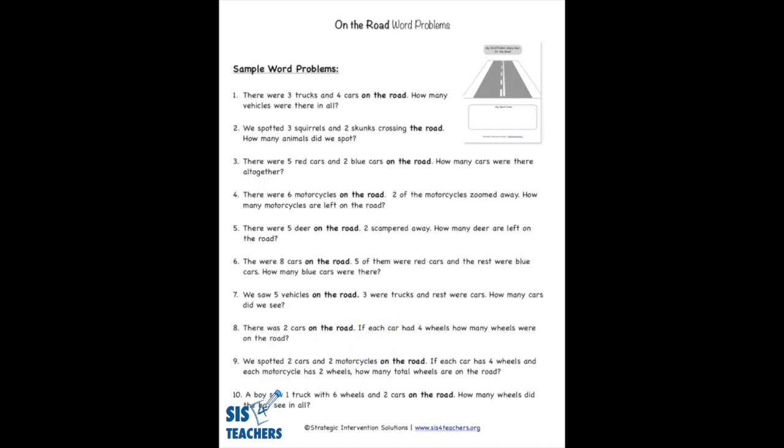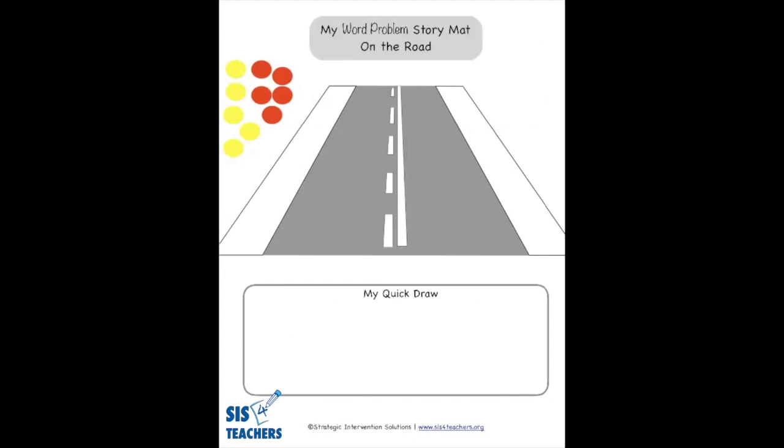We're going to do an example on our mat here today to kind of show you how children might be able to act out a problem. If we said there are two cars on the road, how many wheels does each car have? I might show a picture of a car or even show a Matchbox car that kids could see. So kids are going to use their counters and put the cars on the road.